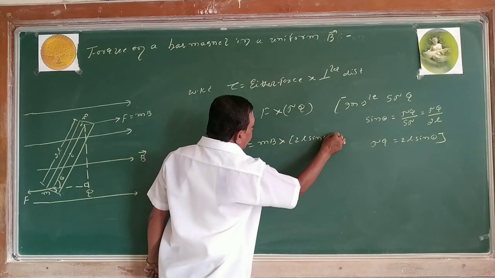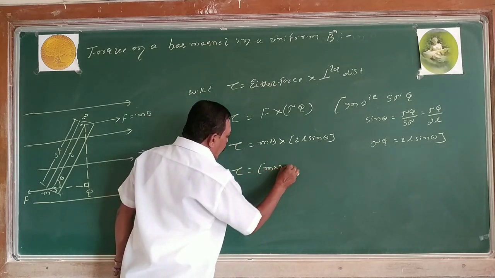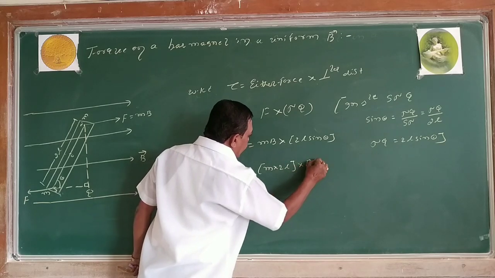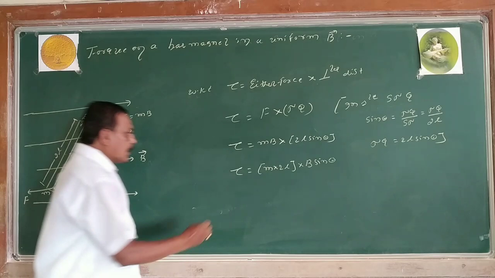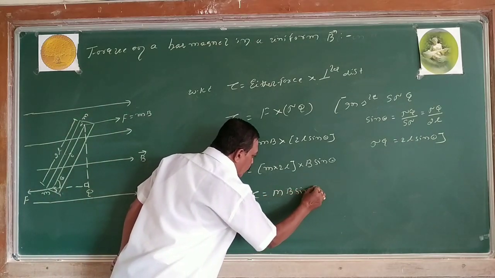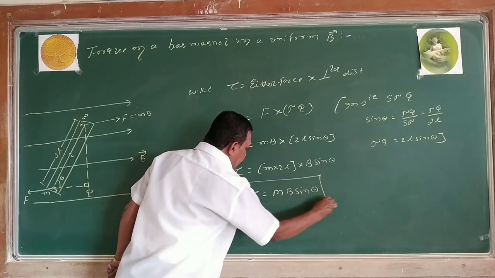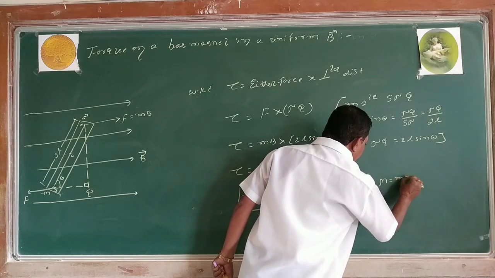Writing systematically, torque tau equals m into 2L into B sin theta. m into 2L is nothing but the magnetic dipole moment, capital M. Torque tau equals MB sin theta, because capital M equals m into 2L.